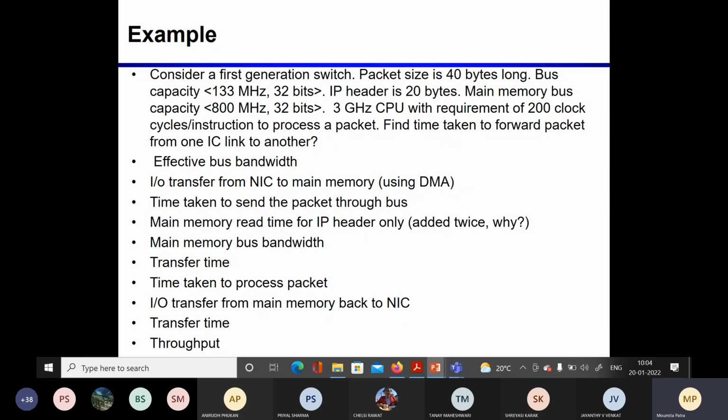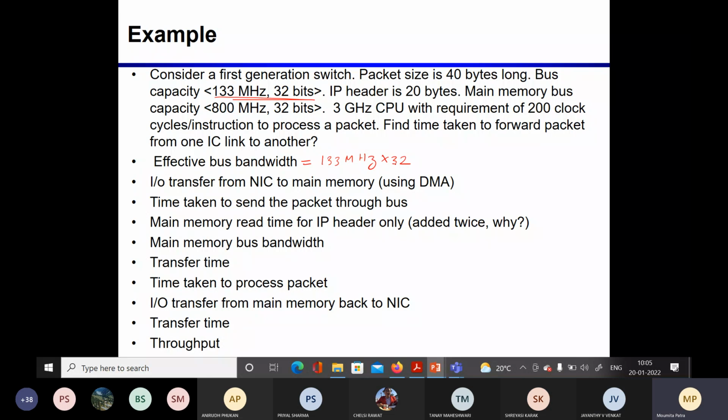Okay, so let me just start this. So yes, bus bandwidth. How do you calculate the bus bandwidth? What do we know about the bus capacity? It's 133 megahertz, 32 bits. How do we get that bandwidth then? 133 megahertz, 32 bits.